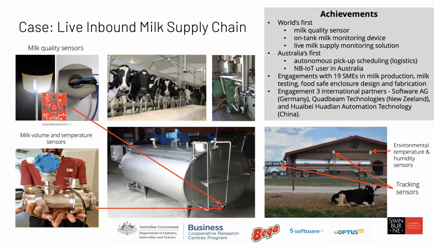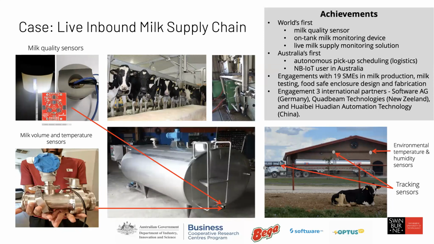In this project, we developed the world's first milk quality sensor, an on-tank milk monitoring device, and a live milk supply monitoring solution. We integrated our Internet of Things technologies, backed up with intelligent AI algorithms, to streamline the production of milk.